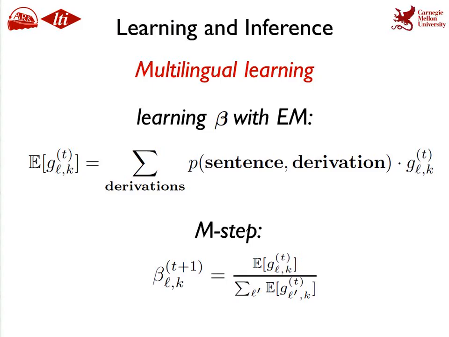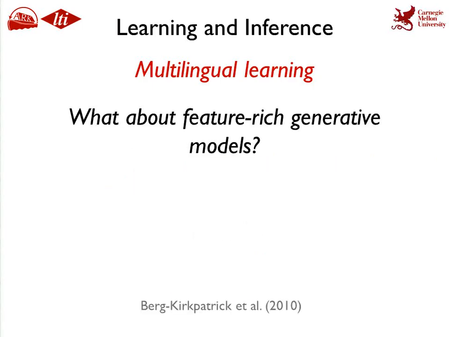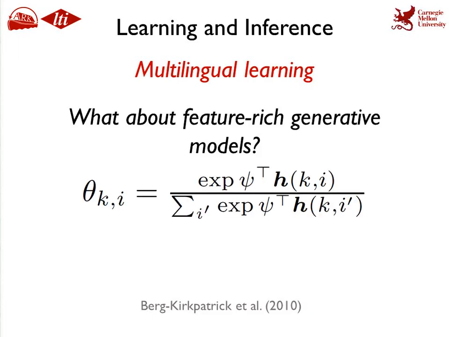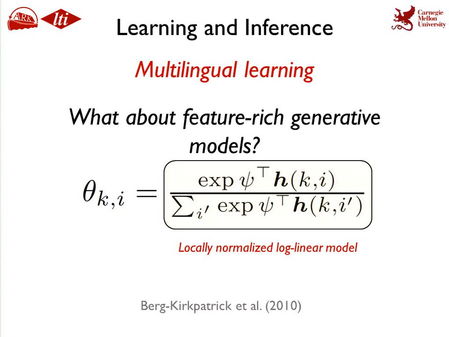Moreover, how about feature-rich generative models which replace multinomials with log-linear models? Our model can be easily extended to these types of models also, because we can use the same expected counts and use the chain rule to get derivatives of these mixture parameters.